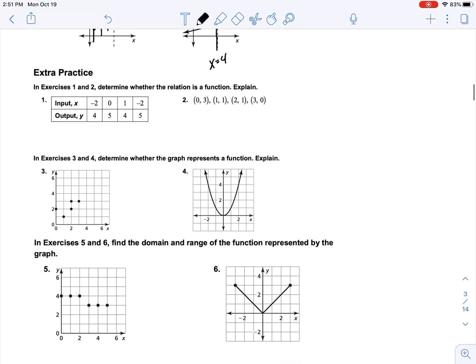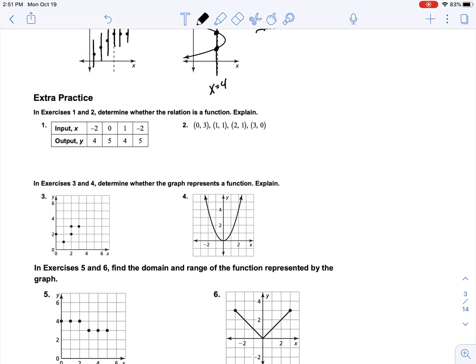Okay? All right, so here's our extra practice. Here's what we're going to try to do and look at. It says determine if the relation is a function and explain. So again, we've got -2 going to 4, and we've got -2 going to 5, so this is not a function. -2 is assigned to different y values.